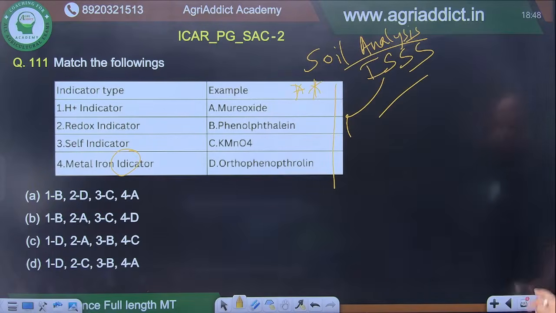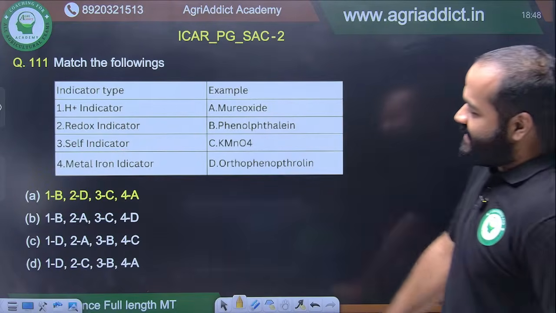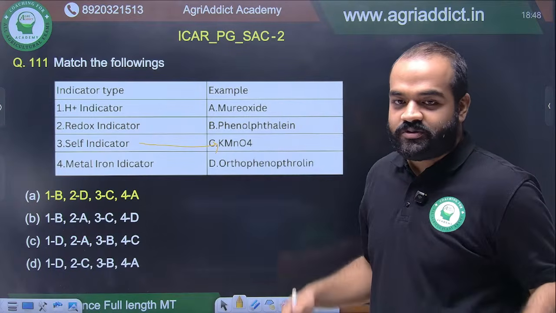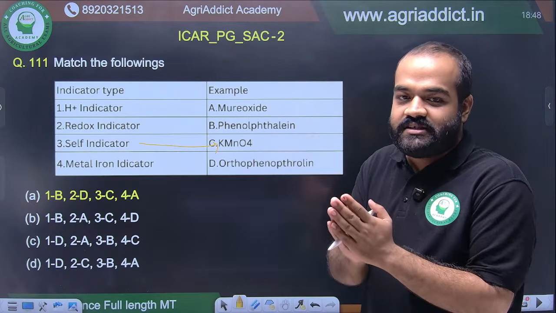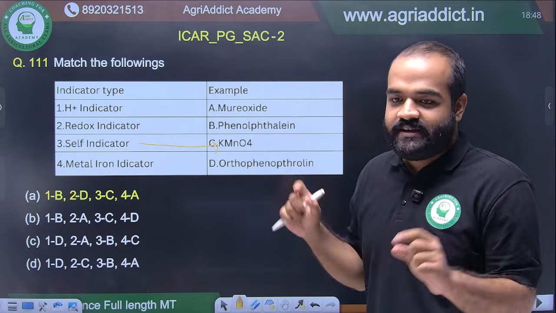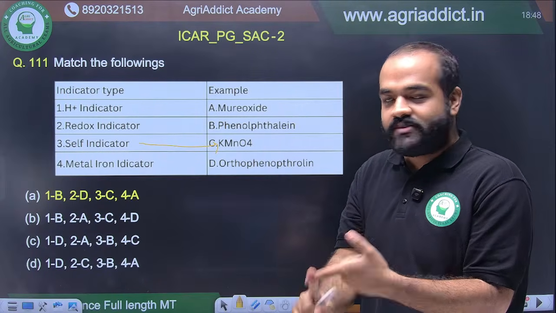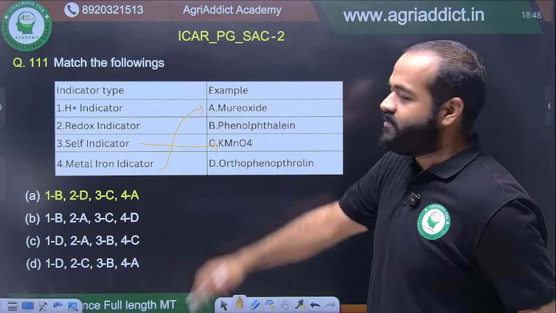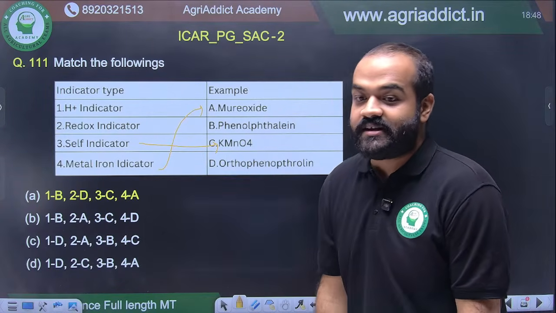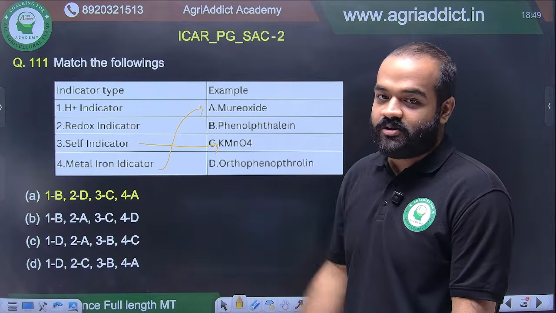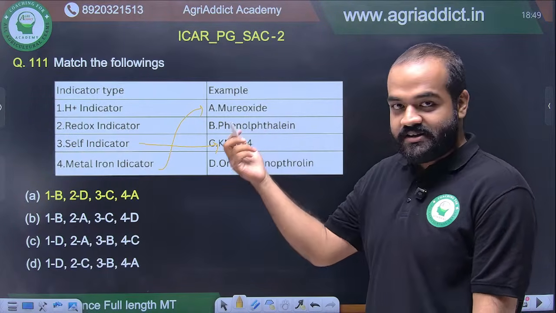Perfect, that's very impressive. The self indicator is KMnO4. Self indicator means it has its own color changing properties, so depending on the oxidation reduction it can change its color and indicate. So it is a self indicator. Metal ion indicator, murexide, we all know, because it is used in murexide and eriochrome black T. These are used in calcium, magnesium and iron determinations.